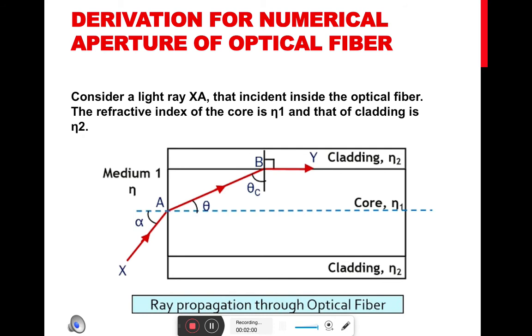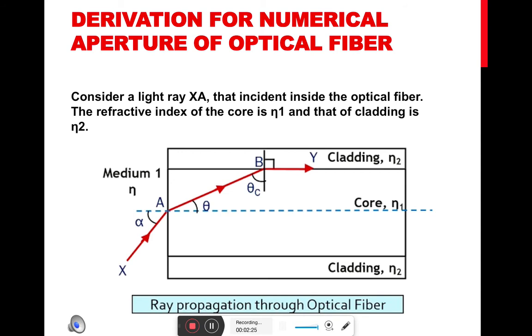For deriving the expression for numerical aperture, we'll be using Snell's law for two cases between two mediums. First, it will be between the medium 1 and the core, that is the ray Xa. The ray Xa is incident on the fiber with the fiber axis at an angle alpha.